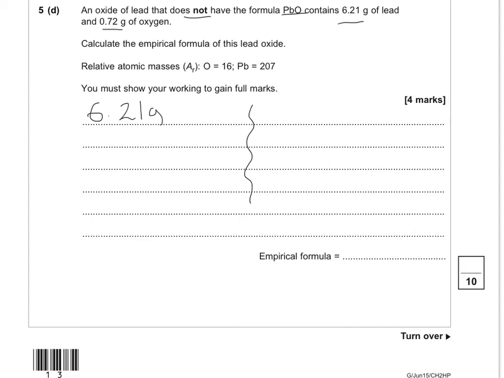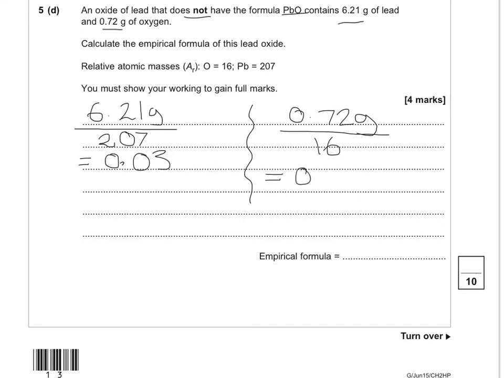So 6.21 grams is lead, and we need to divide that by the atomic mass of lead, which is 207. That works out at 0.03 moles. We also need to do the same for the oxygen. So we have 0.72 grams of oxygen divided by 16, which is the relative atomic mass.